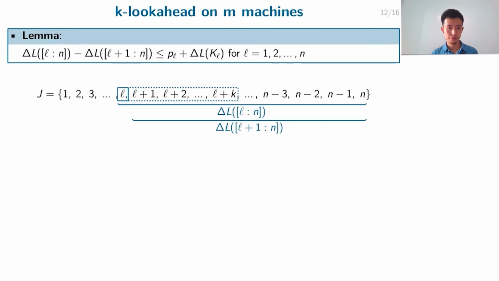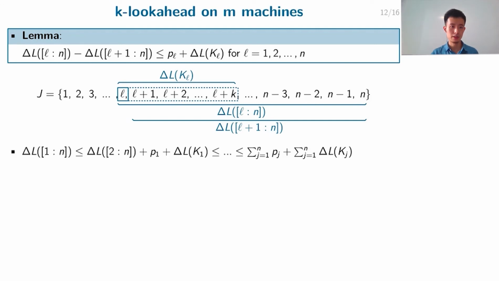Here delta L of k means the mixed span created by the jobs in KL. KL is the jobs from L to L plus K. So by this lemma, we can obtain the final mixed span. It's no larger than this term.